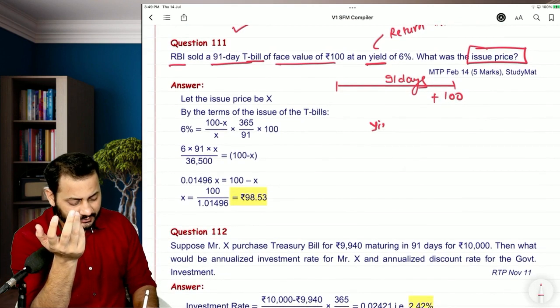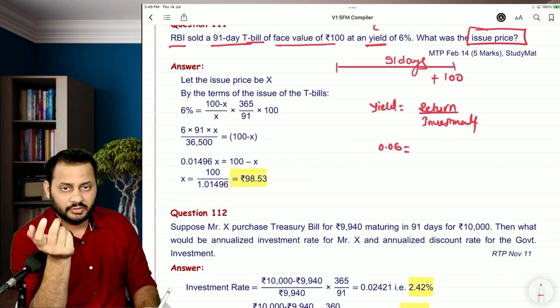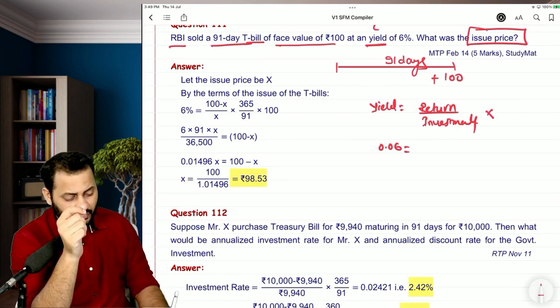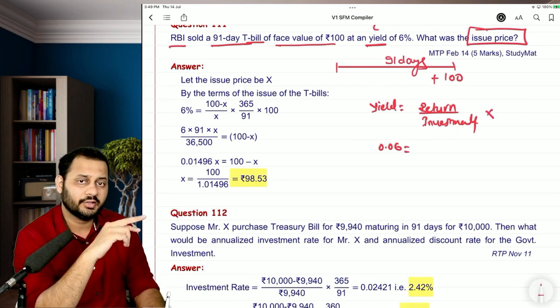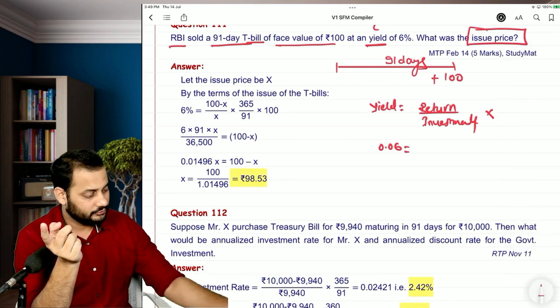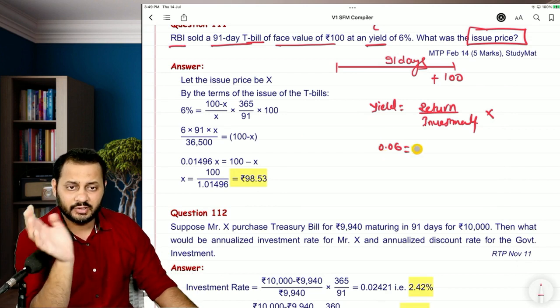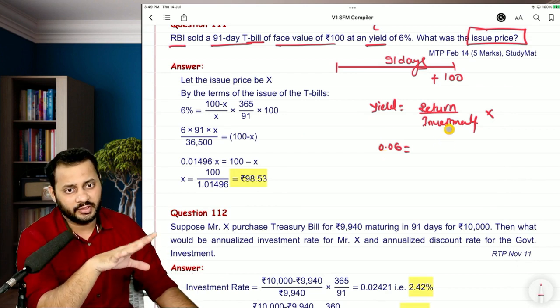It's very simple, sir. Yield is nothing but return in the numerator divided by investment in the denominator. That's what we learned. But if we keep 6% here, we will have to convert that return into a per annum return, because if the rate on the left hand side is per annum, the right hand side should also be per annum.